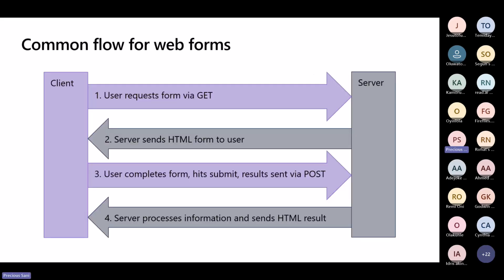So this is a common web flow. If you look at the screen right now, as a user, you send a get request to the server and the server returns the page to you. Most pages, the skeletal framework behind them, is HTML, your hypertext markup language, and it's what defines what a website would look like.